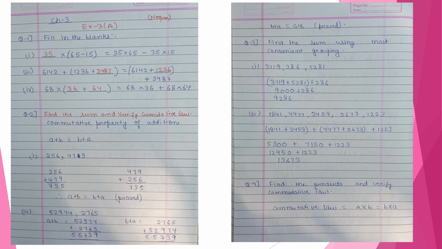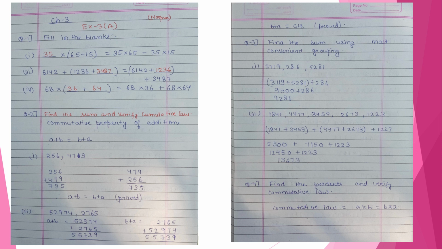Taking 256 in the first place and 479 in the second place, we are getting the sum 735. Then on the next side you can see, taking 479 in the first place and 256 in the second place, again we are getting the same sum 735. So A plus B is equal to B plus A, proved.